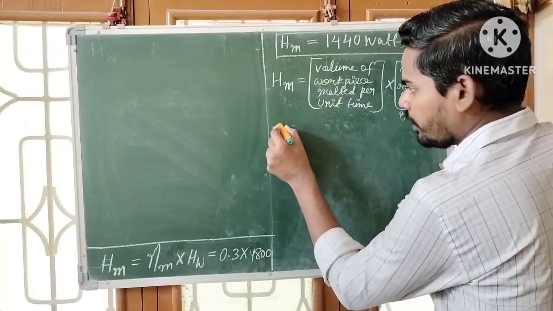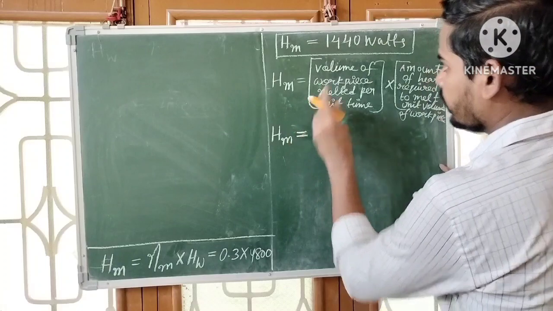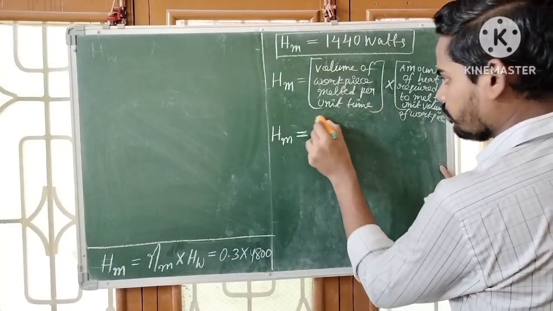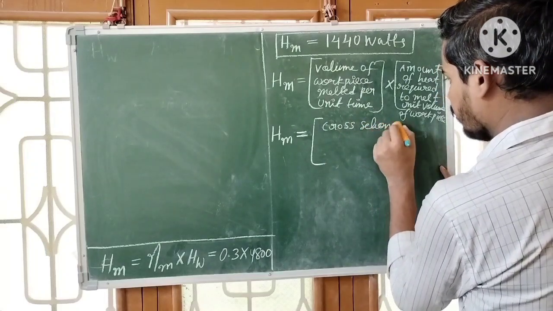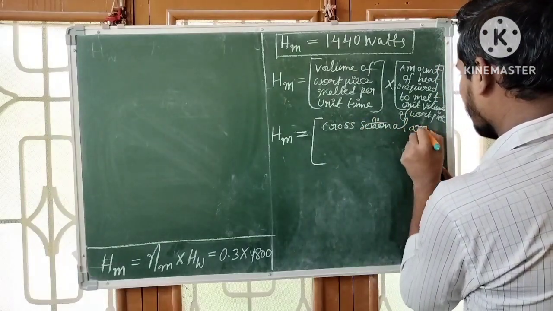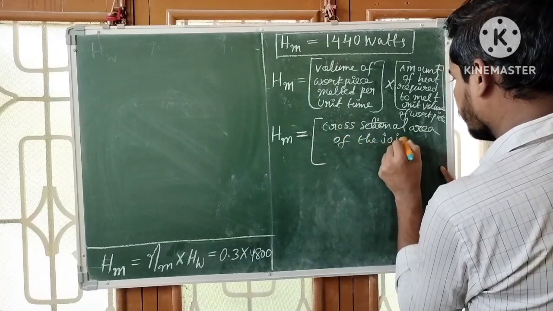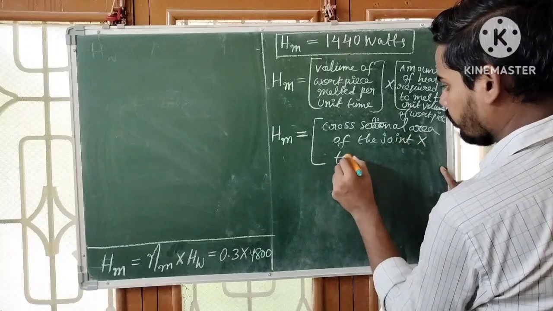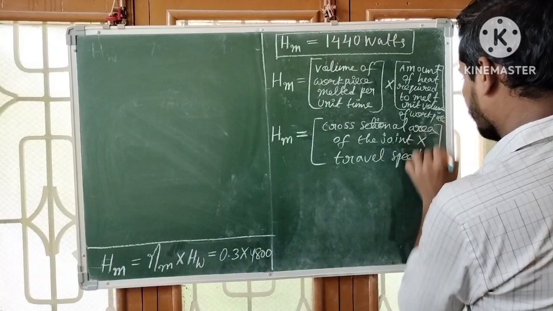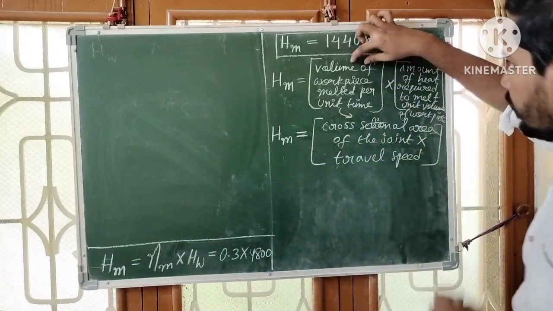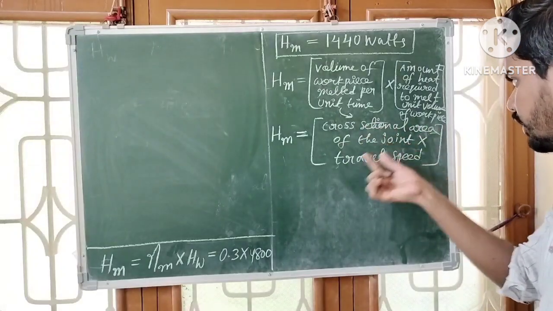So volume of workpiece melted per unit time is equal to cross-sectional area of the joint into travel speed.